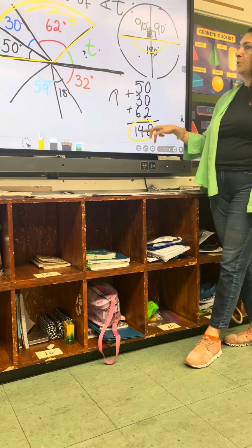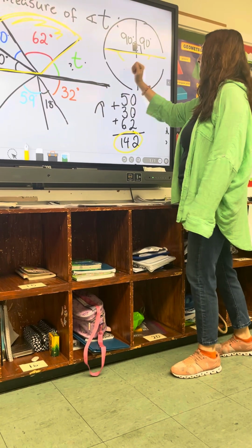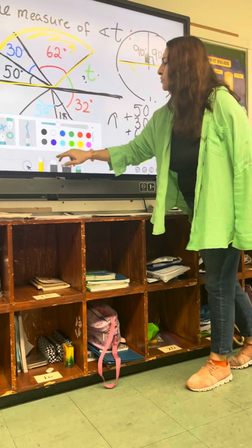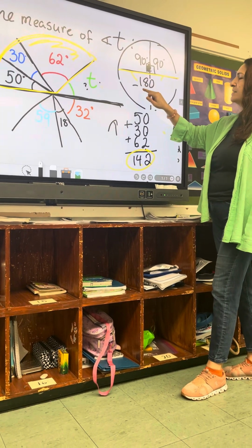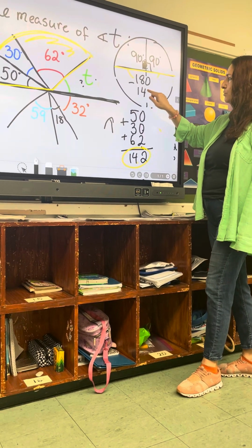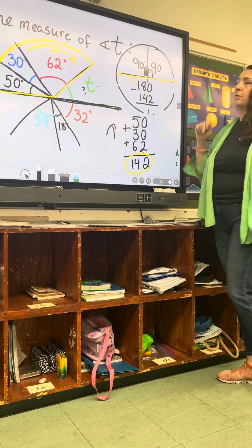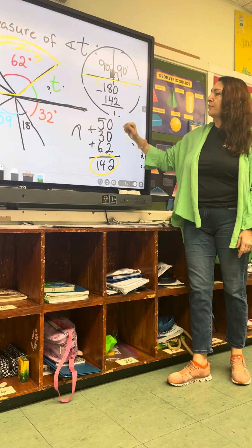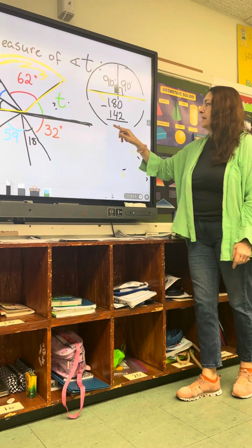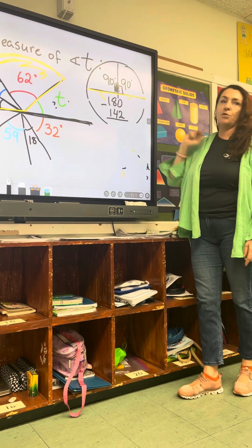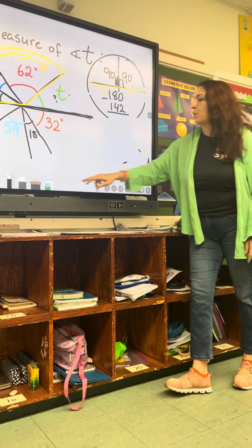What you need to do is take the 180 and subtract 142. And now, a subtraction with regrouping. I have 0. Can I subtract 2 out of 0? No, what do I do?